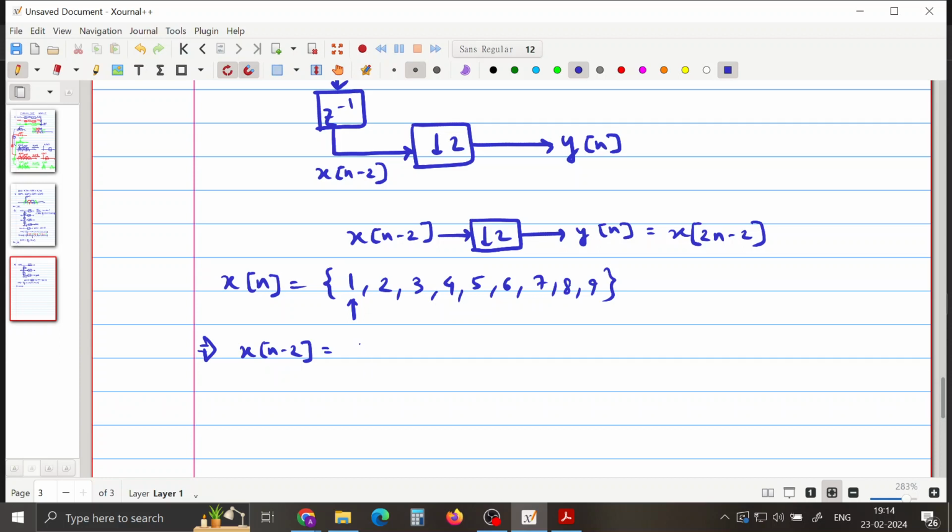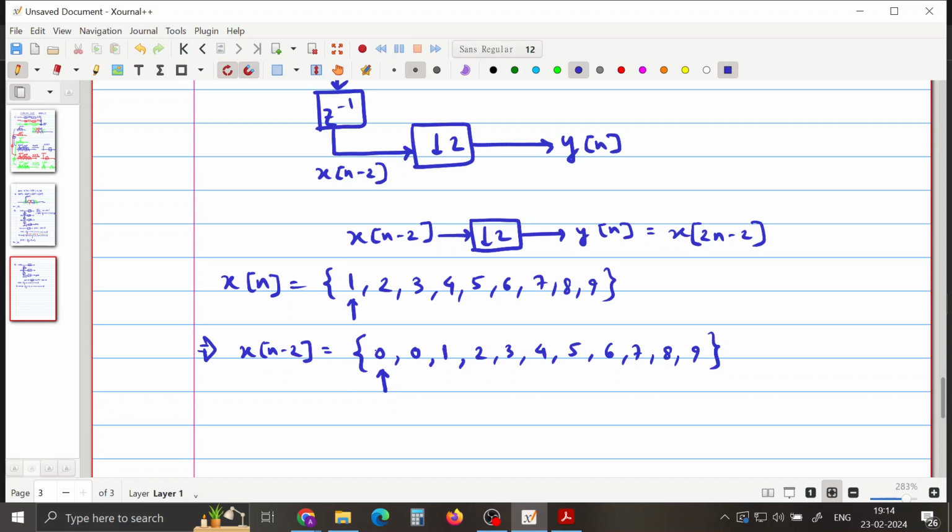So here you will get two zeros and the original sequence 1, 2 that follows. Okay, like this. We are shifting this whole block to the right by 2 units, and now our arrowhead will point at this location, right?